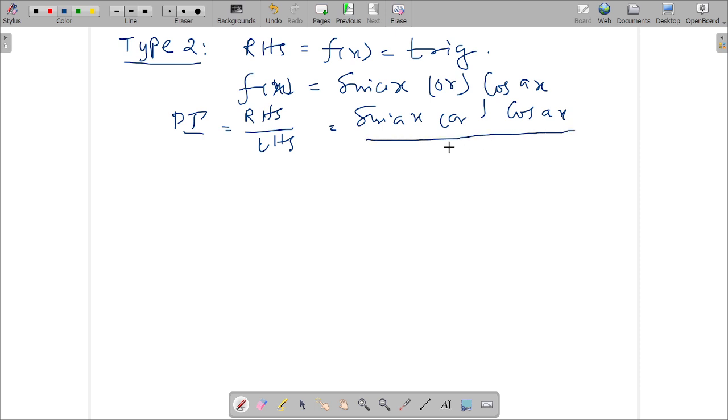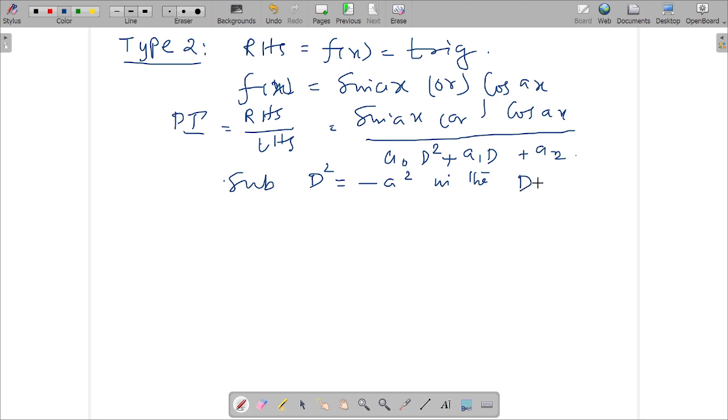divided by the left hand side. The left hand side is, we know, a0 d square plus a1 d plus a2. In the previous type, for the exponential, you substituted d equal to a in the denominator. Here we have to substitute d square equal to minus a square in the denominator.